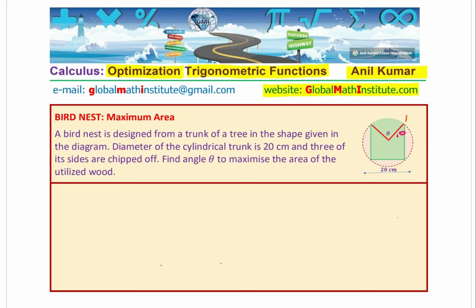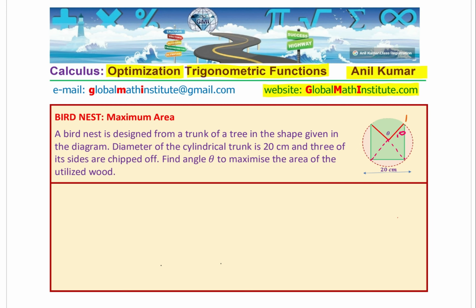Now in this green section, we can extend this particular side and divide the area into 4 portions, one of them being a sector and then 3 triangles, correct? And finding the area of all the 3, combining them, gives us the formula for area. To maximize, we'll find the first derivative and analyze it. So that is going to be the strategy, correct?